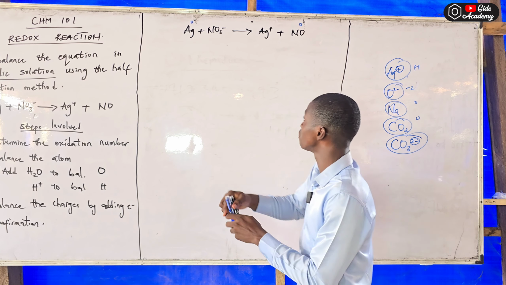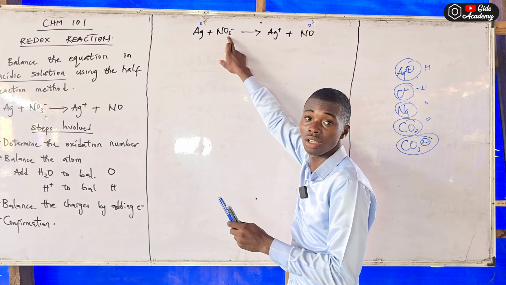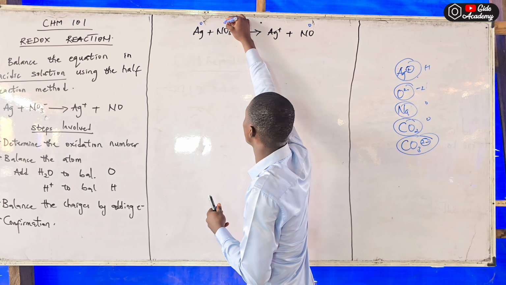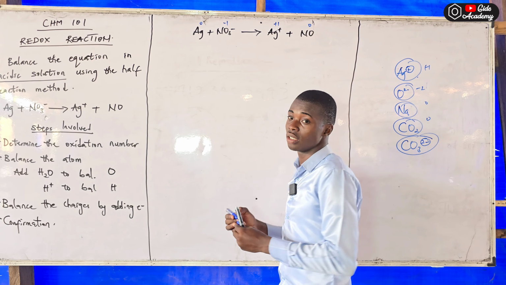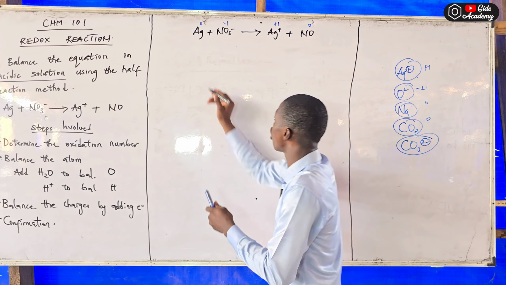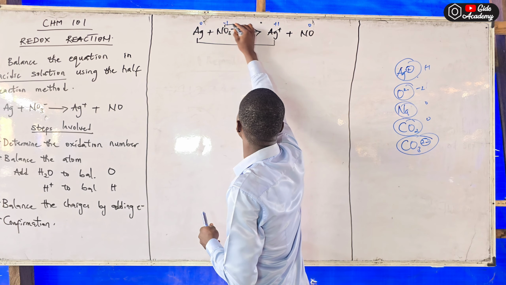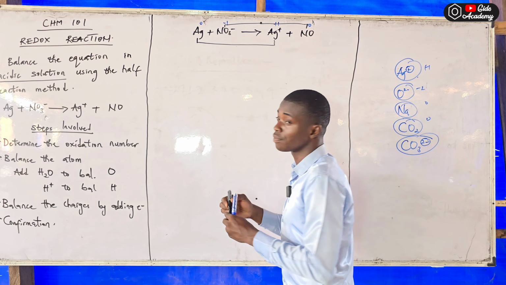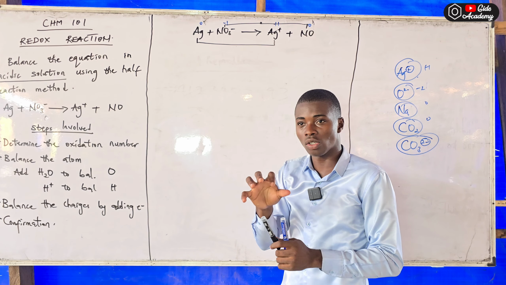So if you look at this, now you guess, what will be the oxidation number of this element here? It will be -1. Then what about this one here? It will be what? +1. So one of the critical aspects of this is, first of all, move from silver here to silver, then from this here to this. Which of them is oxidizing and which of them is reducing?